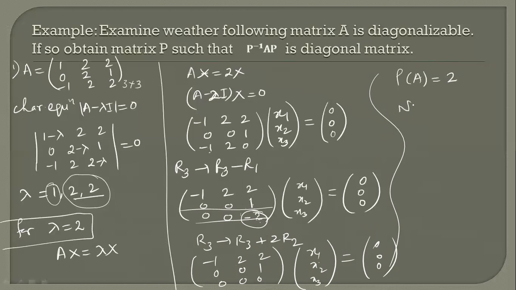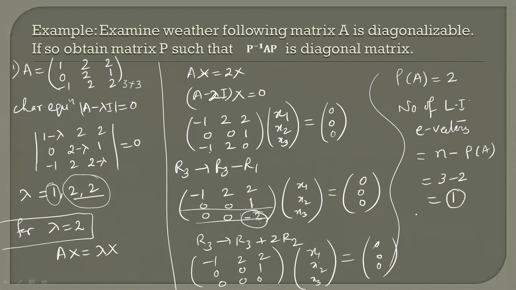Then the number of linearly independent eigenvectors, as I told you in lecture 11 and today also, is n minus rank of A, so it is 3 minus 2 equal to 1. It means we are getting only one linearly independent eigenvector.